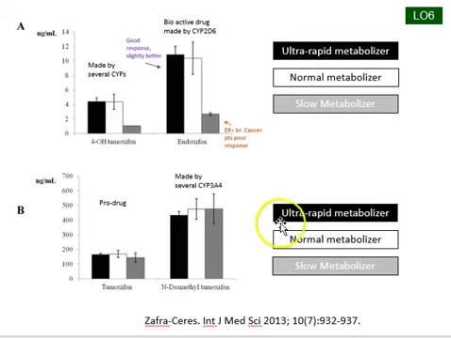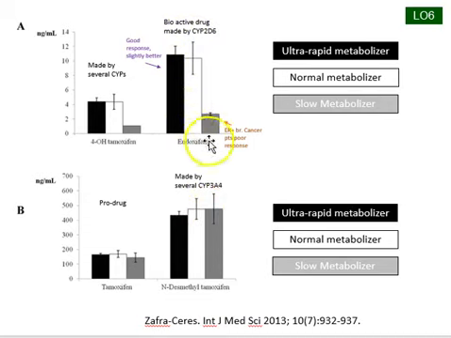Likewise, the ultra-rapid metabolizers didn't make very much of this particular N-desmethyltamoxifen, but these two patient groups made possibly the same amount. But these are the two intermediates, right? And these two intermediates do not have biological activity. The one that's key is this figure right here.